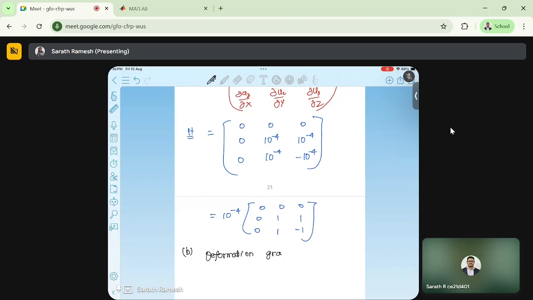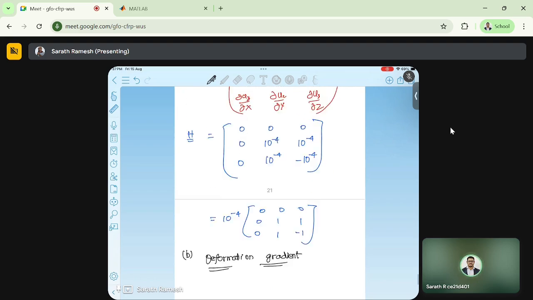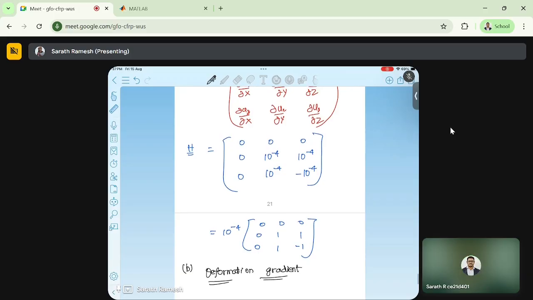Deformation gradient. How to find the deformation gradient if H is given? What is the relation between H and F?